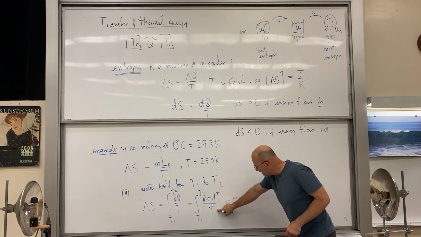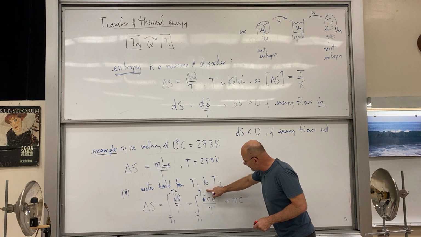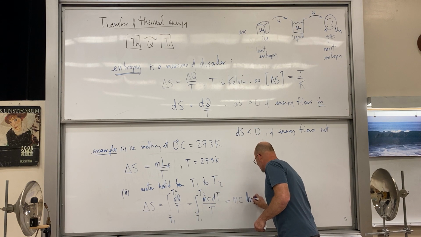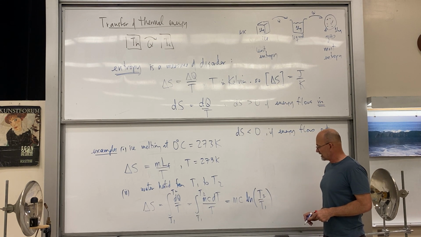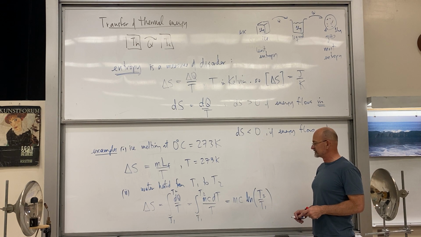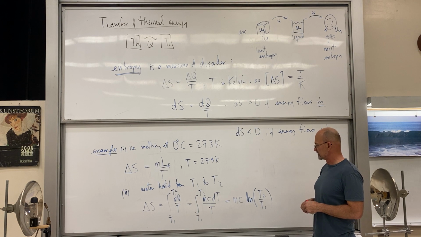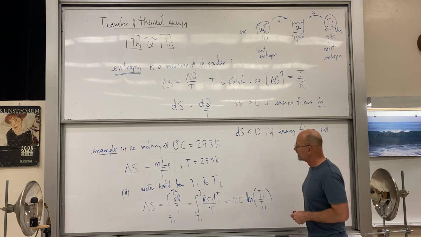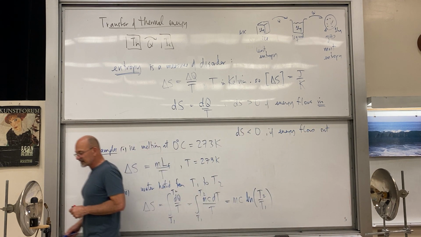The integral dT over T is the natural logarithm from the upper boundary to the lower boundary, so that's just the natural logarithm of T2 divided by T1. And so that would also be this entropy. Good. So those are examples. And once again, consult the clock.